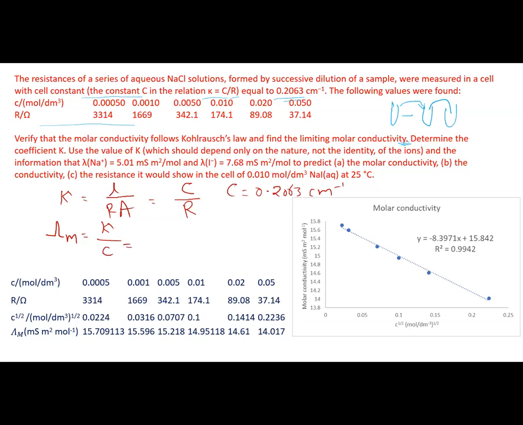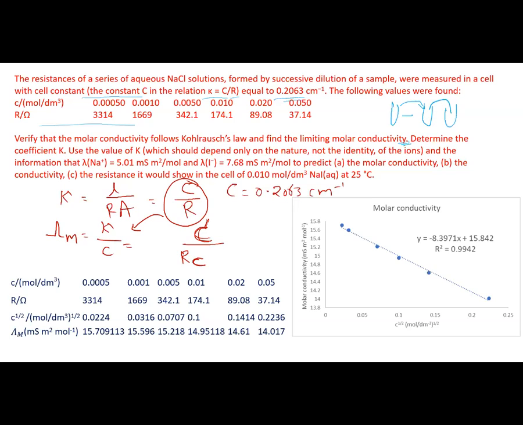So I can substitute this value in here so that it becomes C over Rc. Again, don't get confused between these two different C's. The uppercase C is the cell constant and the lowercase c is the concentration.